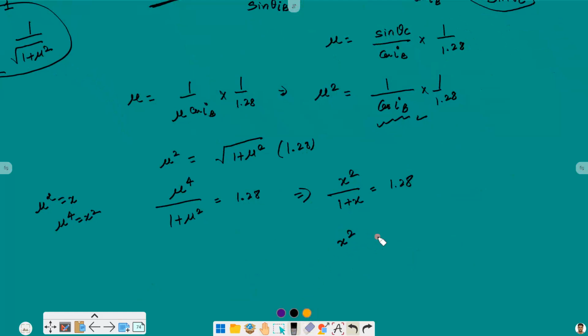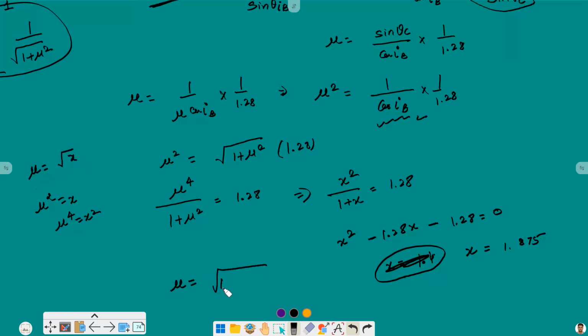and this will become x square minus 1.28x minus 1.28 is equal to 0. So this is a quadratic equation in x, and when we solve it we will get one possible value of x, that is 1.875. The value of mu will be under root of x, under root of 1.875, and that will be 1.4.